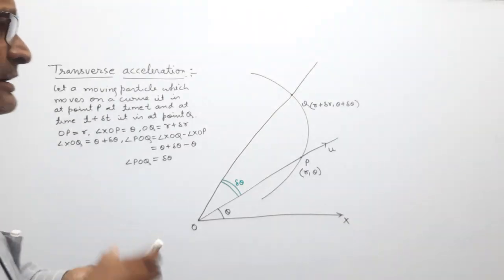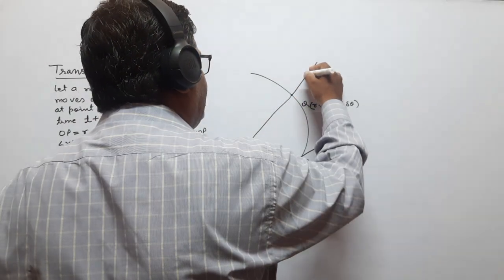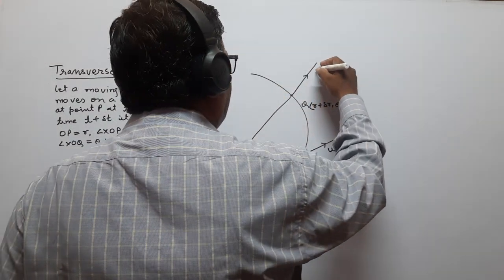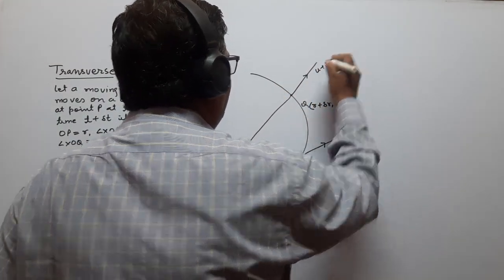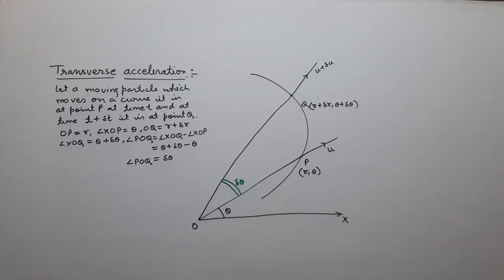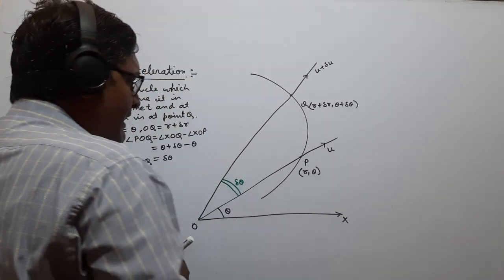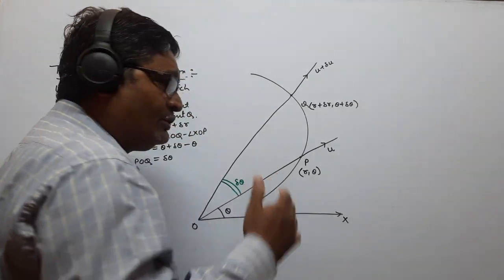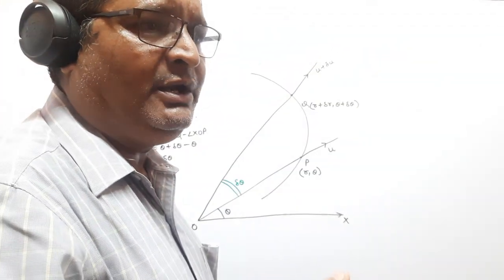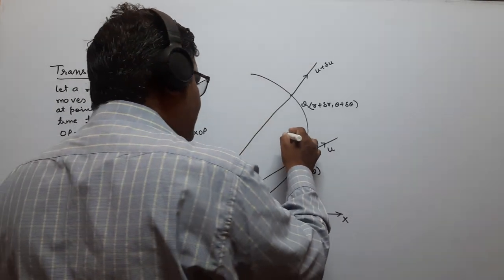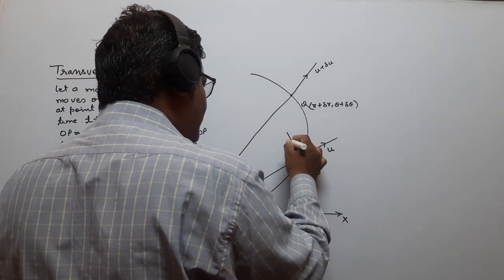We know that the radial velocity along the radius vector OQ is u plus del u. And we know that the velocity component which is perpendicular to the radius vector OP at point P is the transverse velocity.